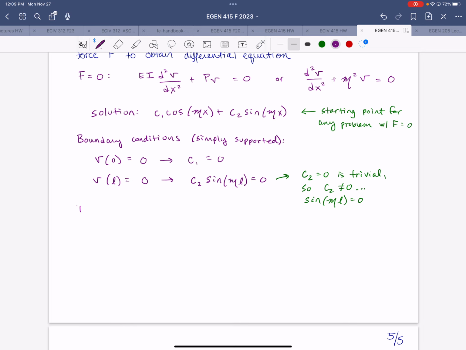All right, so we're going to take lowercase ml and set that equal to an integer times pi. All right, so n represents positive integers.